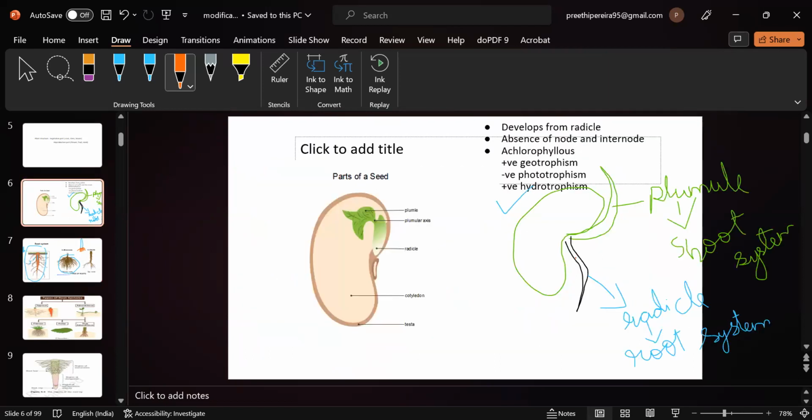It was radical, but radical is dead. Somebody else is giving the root system. Pay attention to my words. That kind of root which is developed from any tissue of the plant other than the radical is a fibrous root. So fibrous root is not developed from radical. Did you get this?